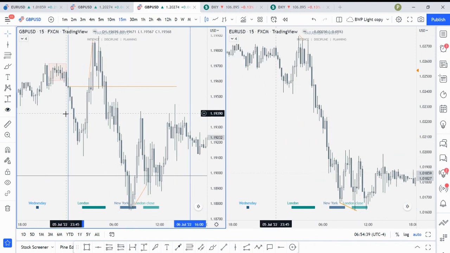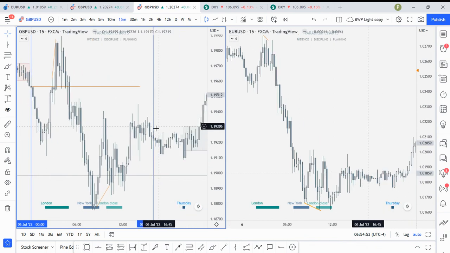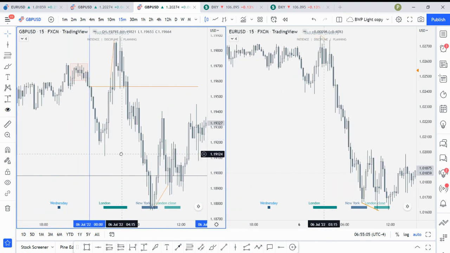So the true time from the algorithm's perspective is between 12 midnight and 4 p.m. New York time. After this, you shouldn't be entering any new position until the next Q zone, which is 7 p.m. New York time. That's when Asia Q zone begins.